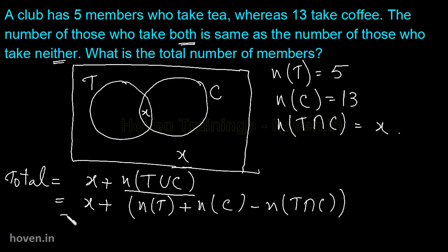So it comes to X plus, what is n(T)? 5, plus what is n(C)? 13, and what is n(T intersection C)? It is X, as we already know. So this X and this X have already been given equal. So luckily these ones cancel out, and what we are left with is 18, which is the answer.